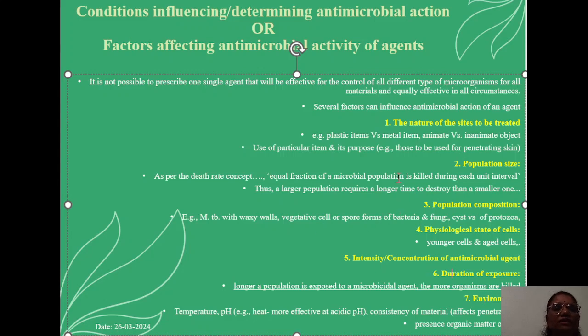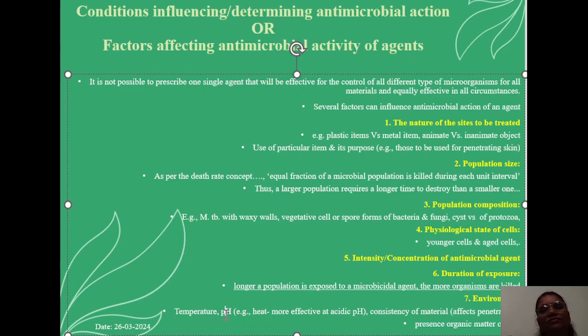Similarly, temperature is considered one of the important such factors. Temperature of the environment has a direct impact on the activity of any antimicrobial agent, if we take chemical agents into consideration.